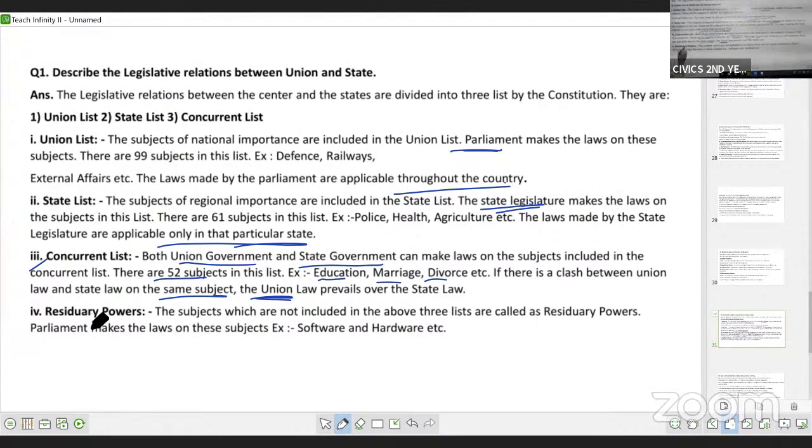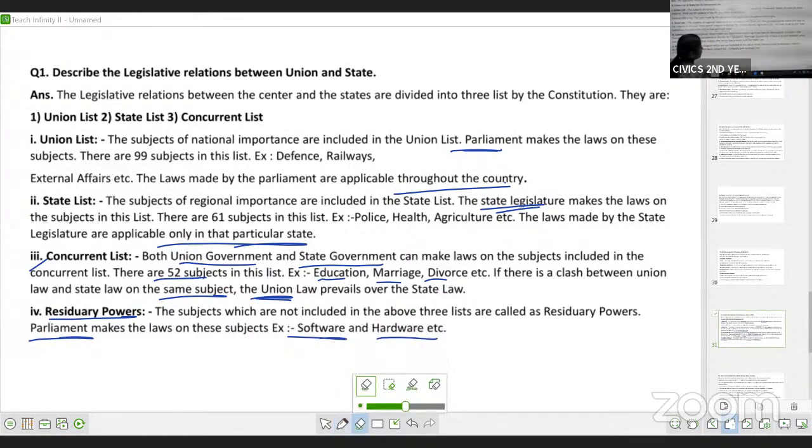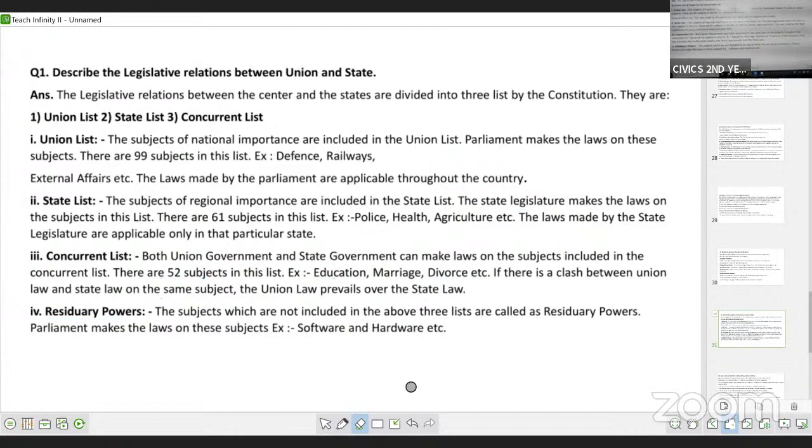Then you have residuary powers. The subjects which are not included in the 3 lists, that is the union list, state list and concurrent list, are in residuary powers, and only Parliament will make the laws on those subjects. For example, software and hardware.